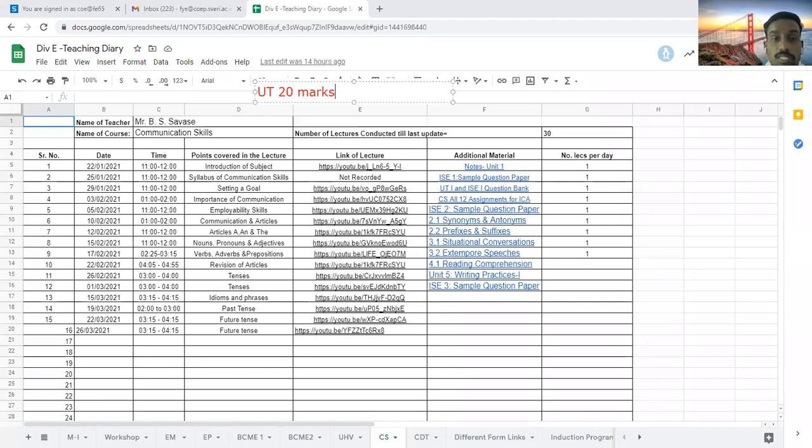Question 1 will be on synonyms, and there you will have 5 marks. Then question 2 will be on antonyms, for which you will have the same 5 marks.